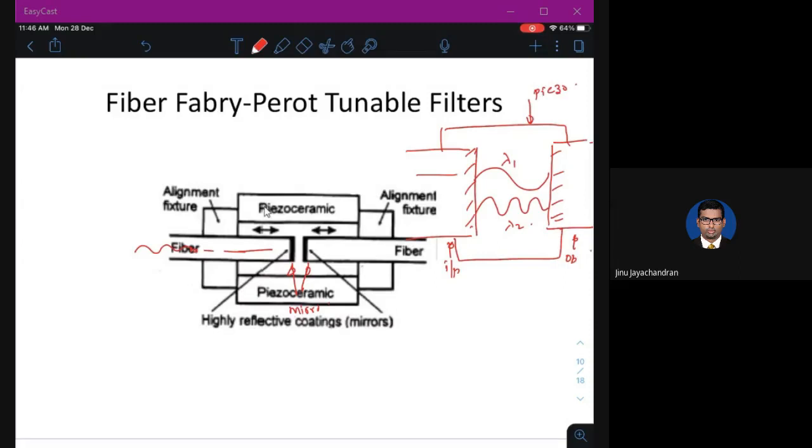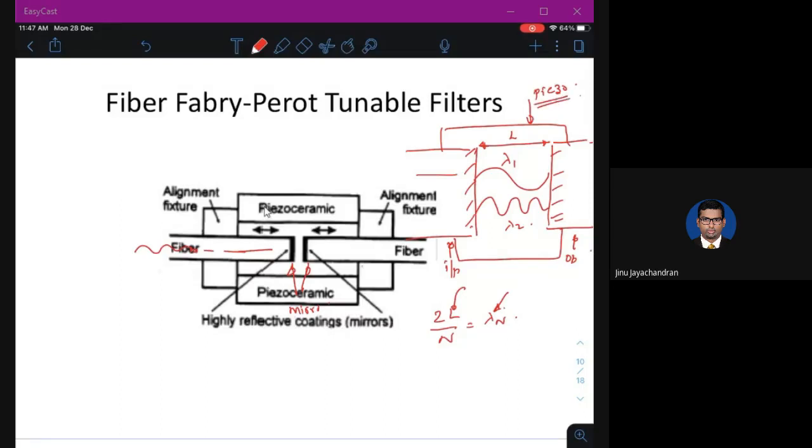Now, when you apply pressure on this piezo ceramic crystal, the distance L between the mirrors will get adjusted. And you know that 2L by N is equal to lambda N. So by changing N, without changing any of the other parameters, you can change the wavelength which you want to filter out. Okay, so the working is purely based on this piezo ceramic material.